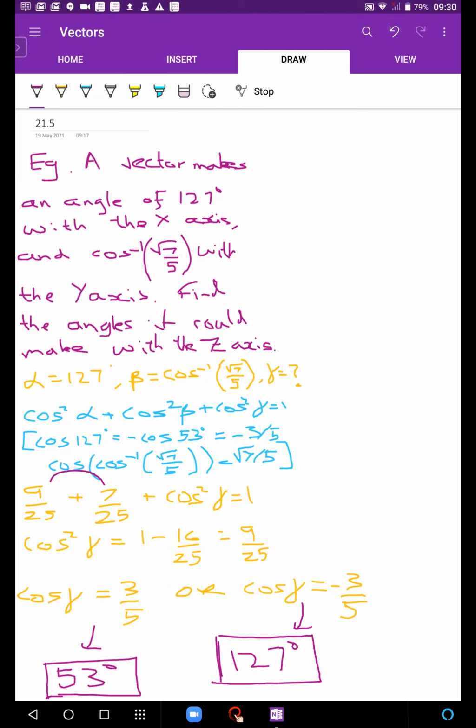Sixteen is their sum, 9 plus 7 is 16. Cos square gamma is 1 minus 16 by 25, that is 1 minus 9 plus 7 by 25. I clubbed them together to make 16 by 25. Okay.